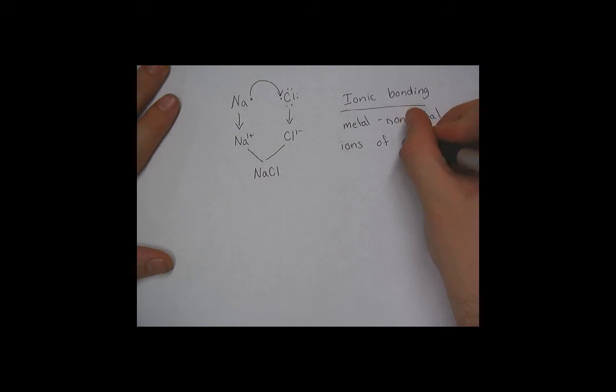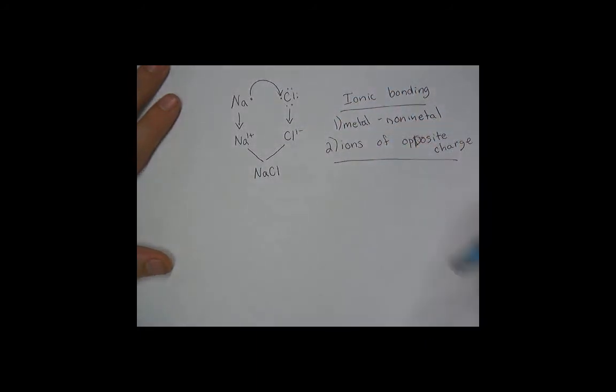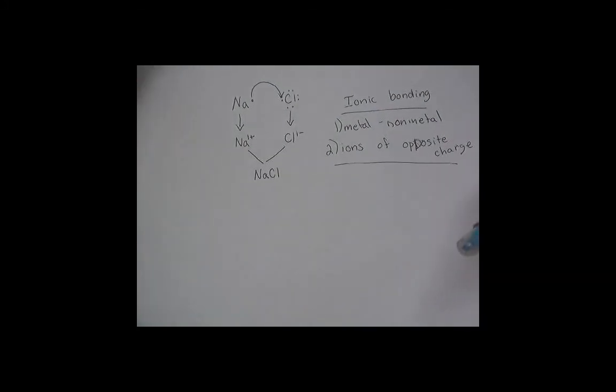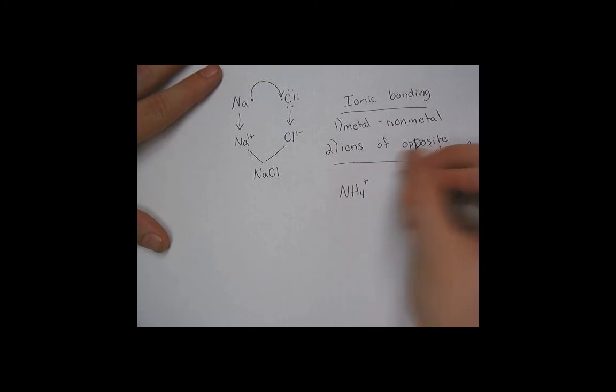Ions of opposite charge. And this really is the important part of the definition that a lot of people kind of skip over, in particular on homework assignments where you're asked what kind of bond forms between ammonium and sulfate.